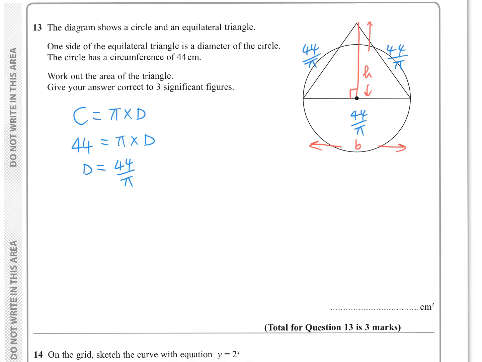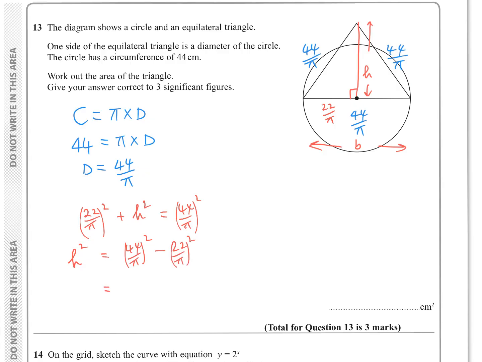Of course, you don't have to, okay? So I know using Pythagoras in a right-angle triangle, this is going to be 22 over pi here. I'm going to have 22 over pi all squared plus h squared is equal to 44 over pi all squared. So from that, h squared is going to be 44 over pi all squared minus 22 over pi all squared.